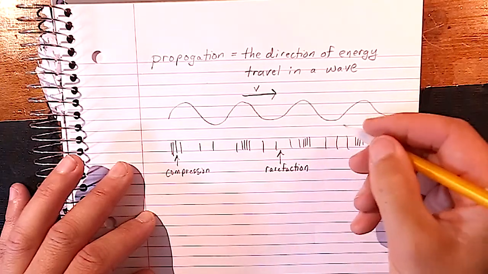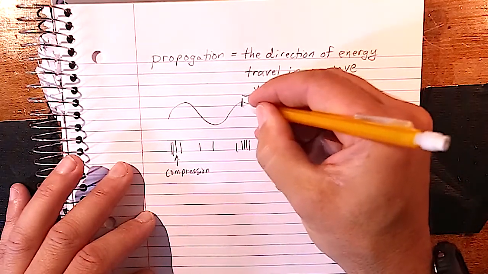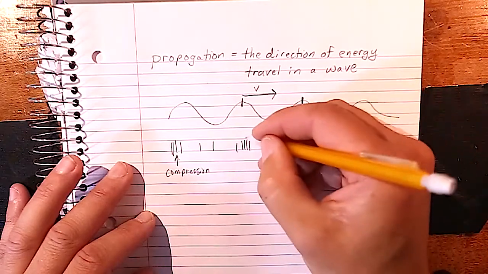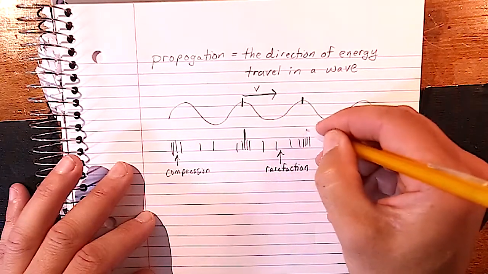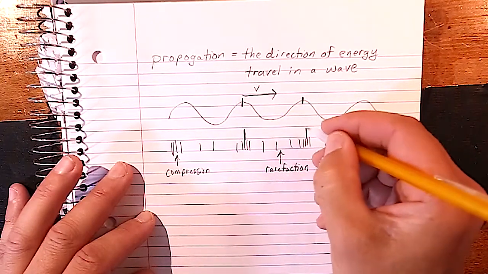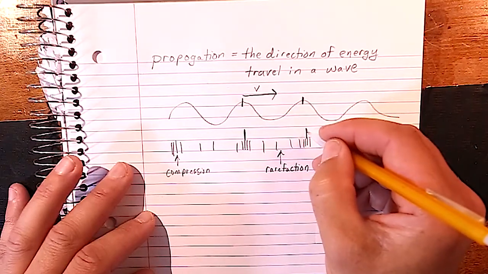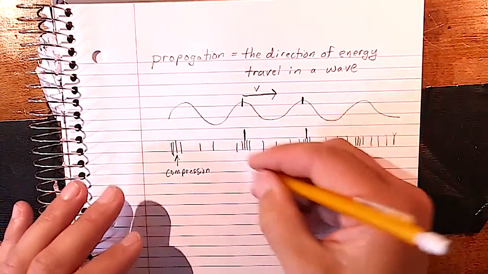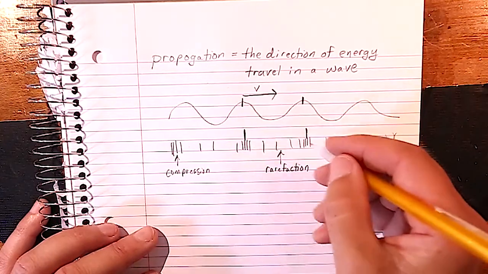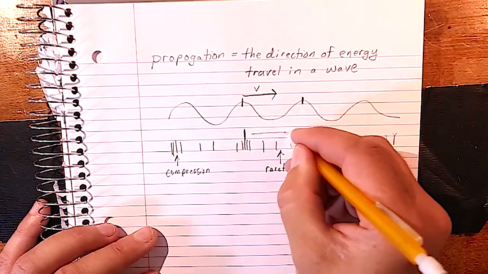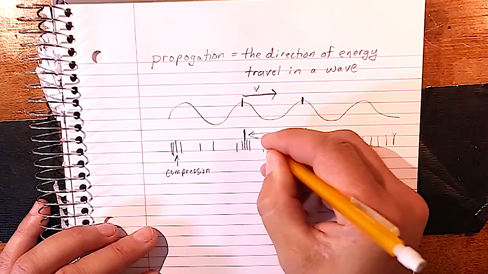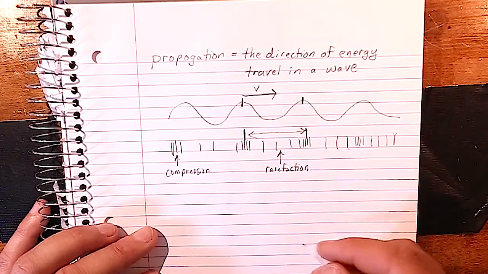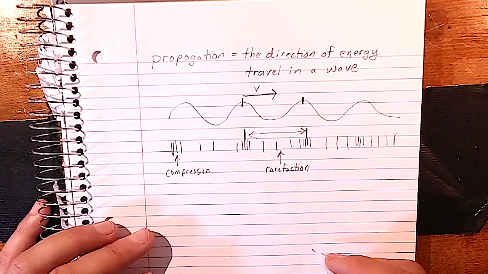We can think of the center of one compression to the center of the next as our crests. We don't use the word crest, just compression, but that's the distance of one cycle. It's also our wavelength, which we'll define later.